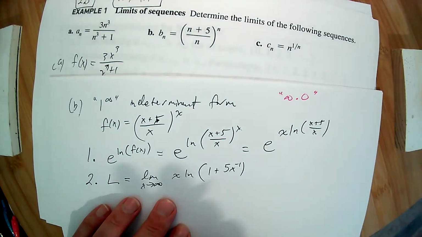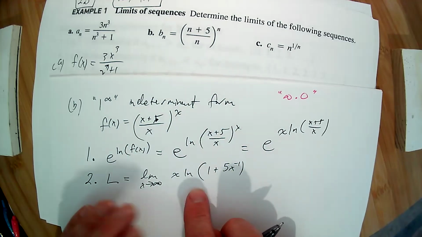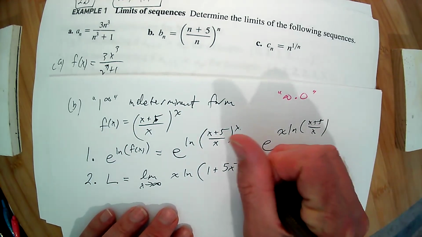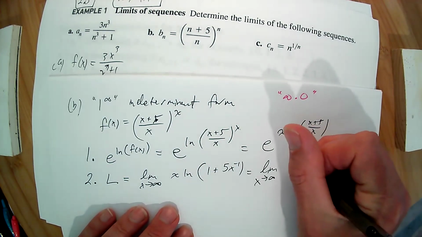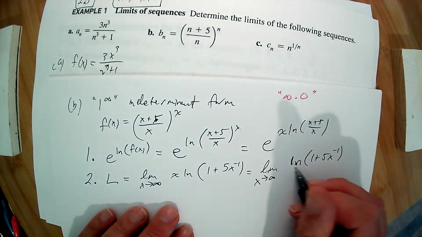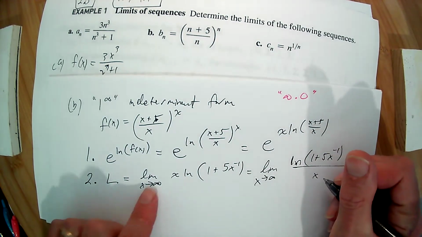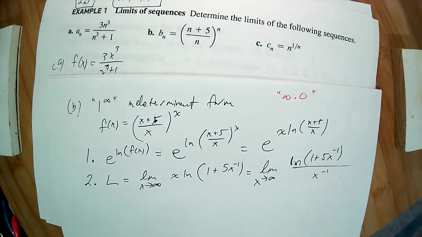And so again, this has the infinity times 0 thing to it. So to use L'Hopital's rule, I need to force this into a fraction. So I'm going to leave the natural log factor on top, okay? And then on the bottom, I'm going to write 1 over x. So x to the minus 1 goes to the bottom, okay?